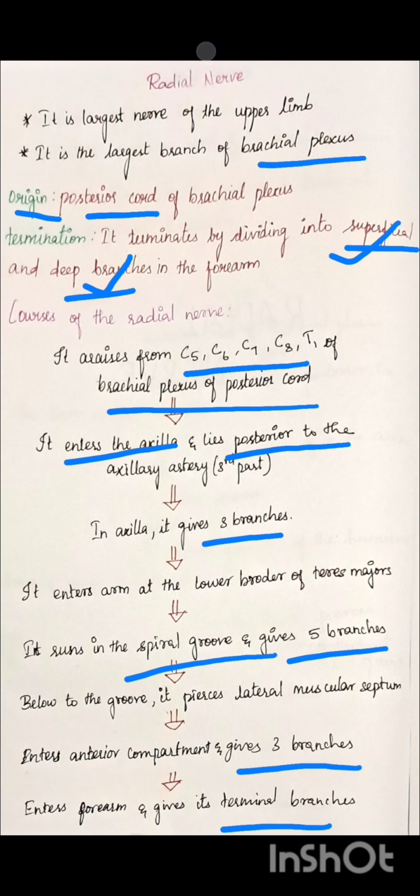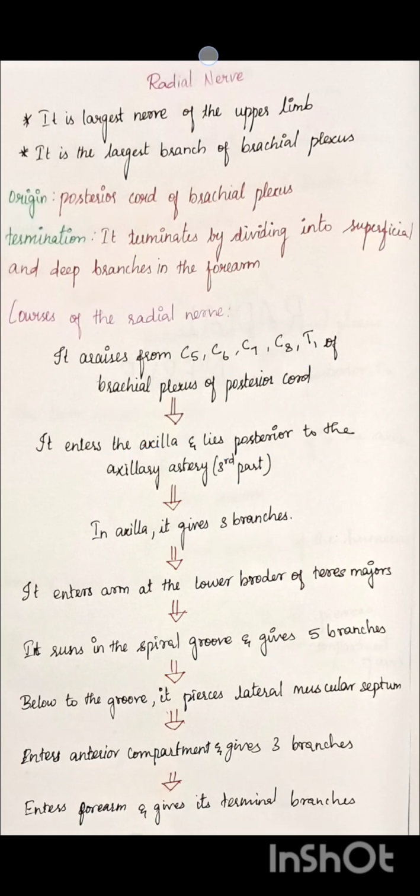Now we have to see the branches of the radial nerve. Here we can see the three branches in the axilla, five branches from the spiral groove, three branches in the anterior compartment, and the terminal branches.